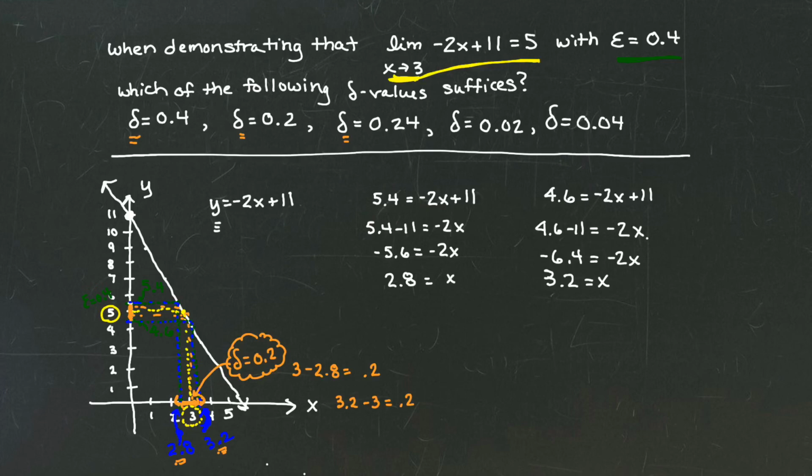We look at our list for all the values equal to 0.2 or smaller. Delta equals 0.2 works, not 0.24, 0.02 is smaller, and delta equals 0.04. Those three delta values are all less than or equal to 0.2, and thus will satisfy our definition.